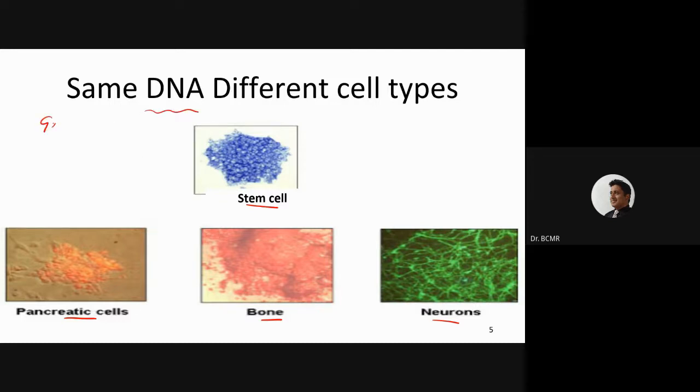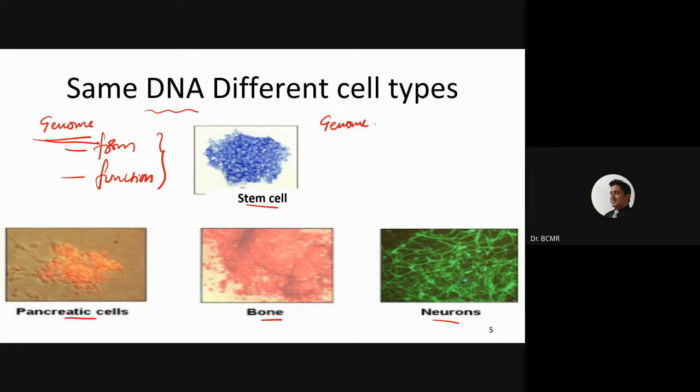The genome is the same in all these cells, and yet they have so much difference in their morphology, their form, and their function. How can that be, if it is the same genome, that they have different form and different function?